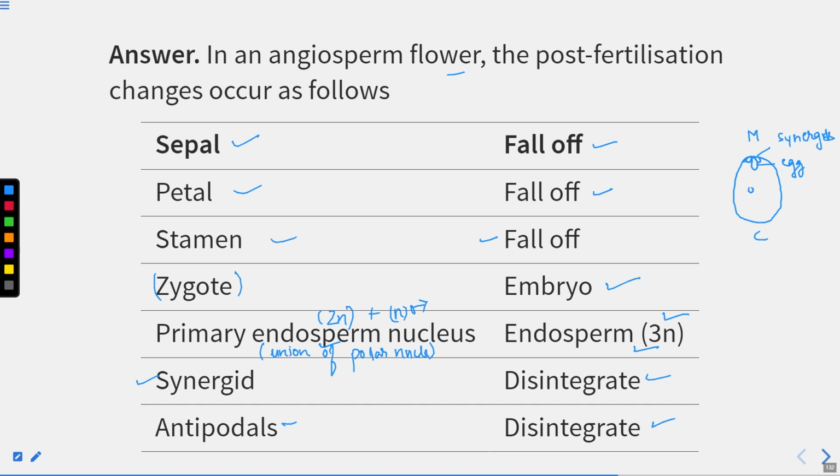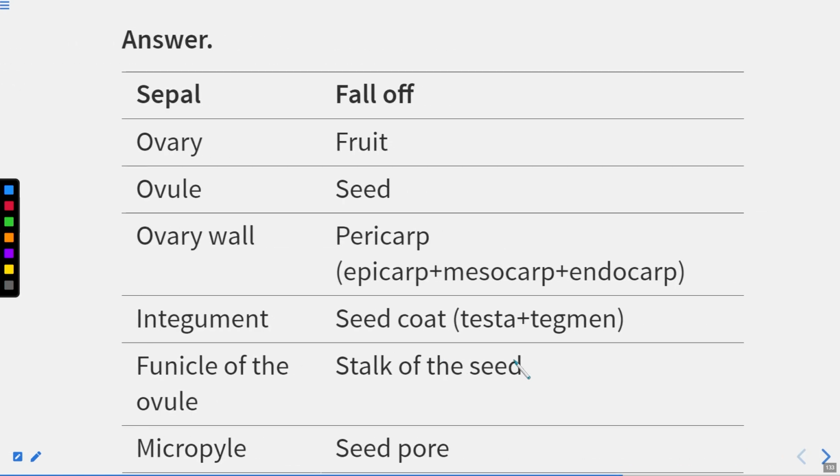In the center, two polar nuclei are present, and these will fuse to form what? The primary endosperm nucleus, which is diploid. And then at the chalazal end, three antipodal cells are formed. This is a very rough diagram of the embryo sac. These are antipodals, and these will also disintegrate.